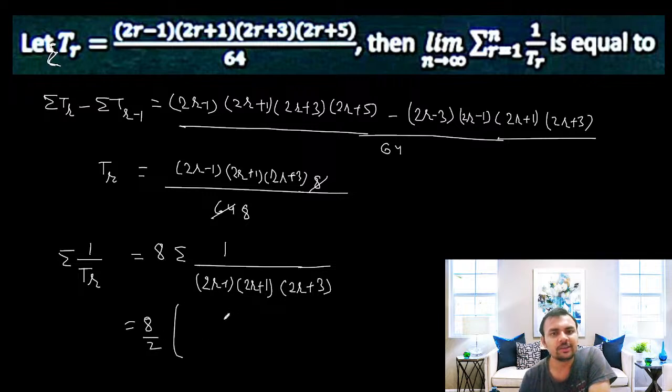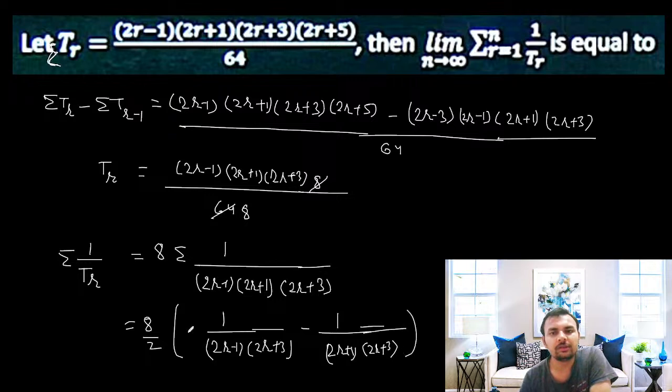Yes. So we have 1 upon 2r minus 1, 2r plus 3 minus 1 upon 2r plus 1, 2r plus 3. This is in summation. Now the difference of this is 4.